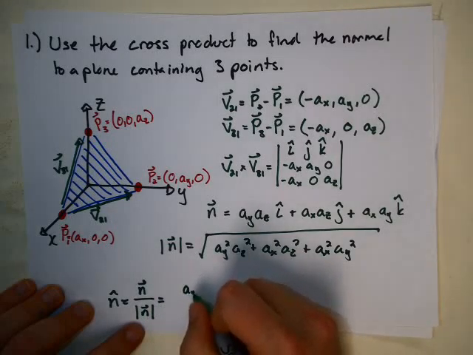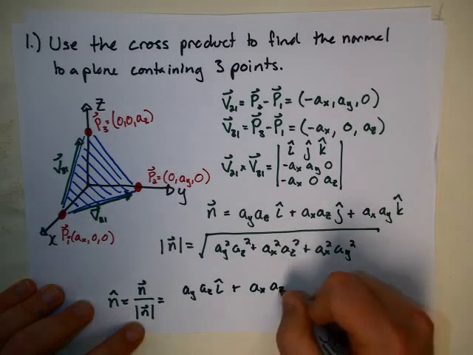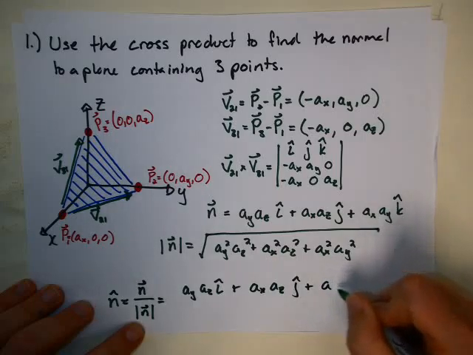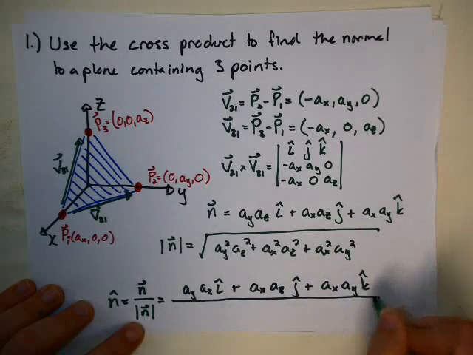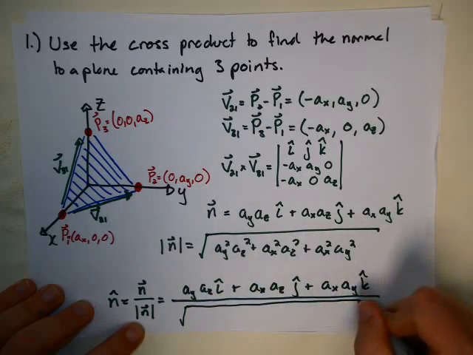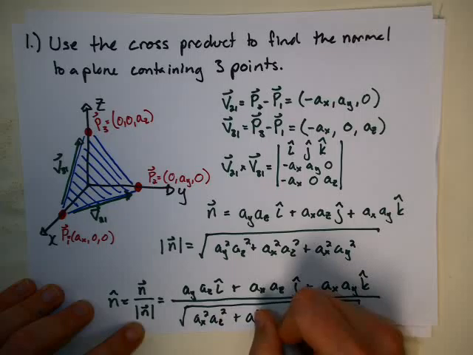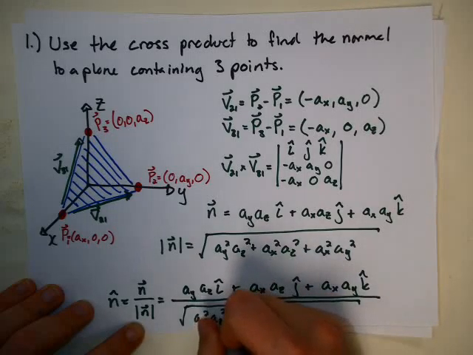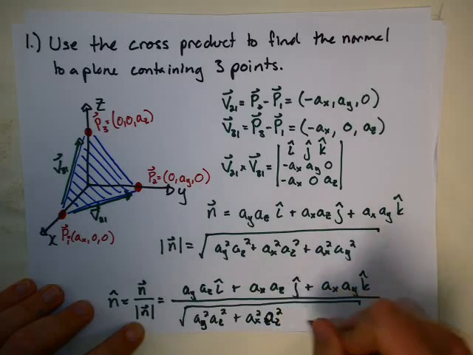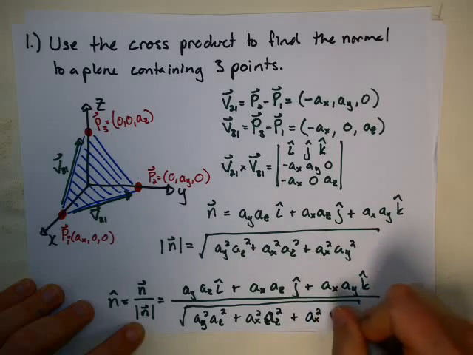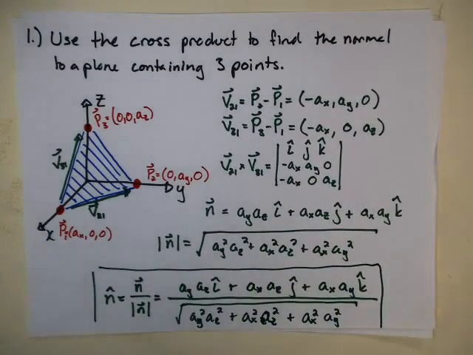That is AY AZ I hat plus AX AZ J hat plus AX AY K hat, divided by the square root of AY squared AZ squared plus AX squared AZ squared plus AX squared AY squared. That is the solution to problem 1.